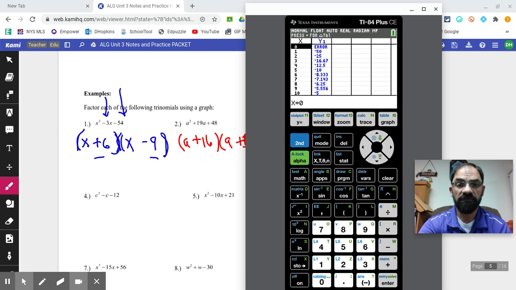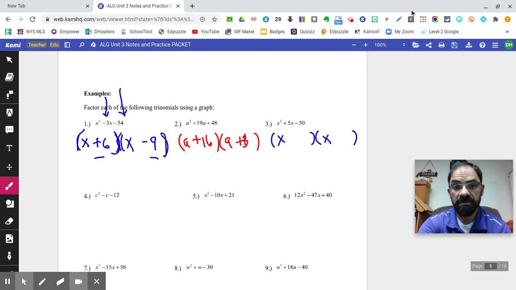We're looking for 5. Right there, 10 and 5, they multiply to get 50, and I can either add or subtract them to get positive 5. So we're going to say positive 10 minus 5. They give me positive 5, and they multiply to get negative 50.